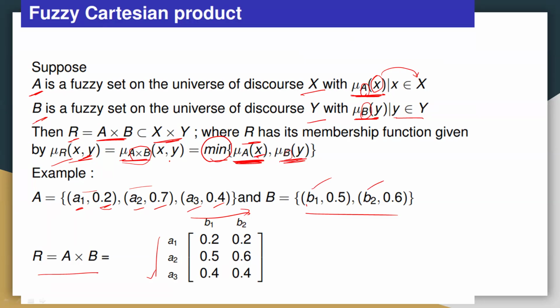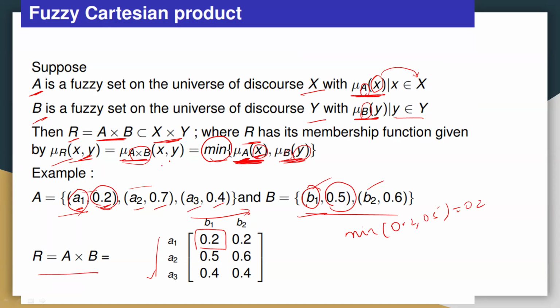Say you take the membership value of the first element in A and the membership value of an element in B. So suppose I'm taking A1 and B1. What is the membership value here? 0.2, and here it is 0.5. The minimum among 0.2 and 0.5 is nothing but 0.2. And hence from A1 to B1, the relationship value will be 0.2.